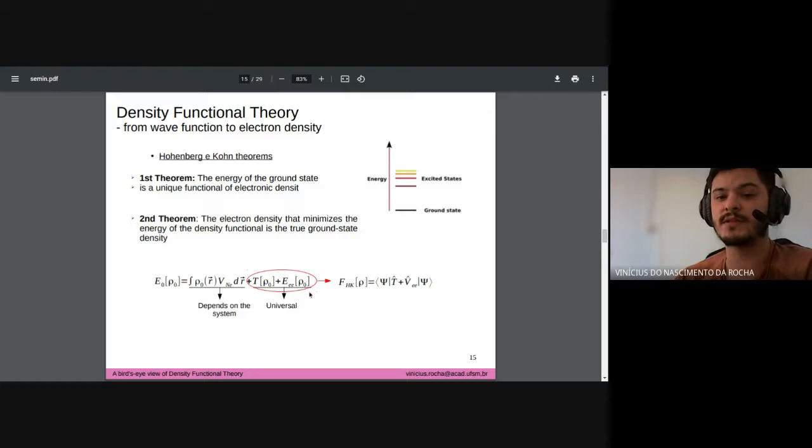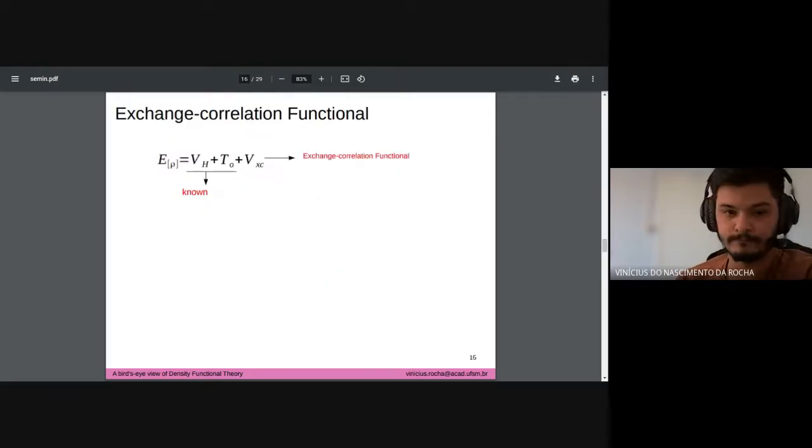These two terms are called the Hohenberg-Kohn functional. So this exchange and correlation functional is not known, and perhaps this is the biggest problem with DFT. So we have to use approximations to describe these terms.